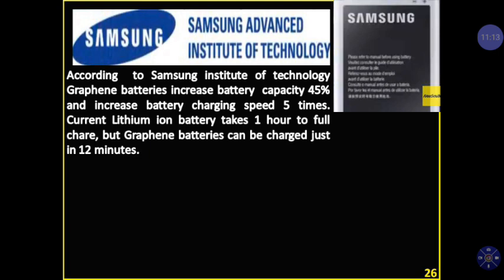The lithium ion batteries which are used now in cell phones take 1 hour to complete full charge, but graphene batteries can be charged in just 12 minutes.